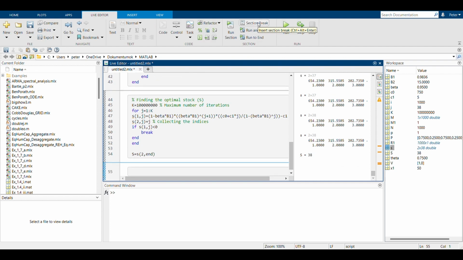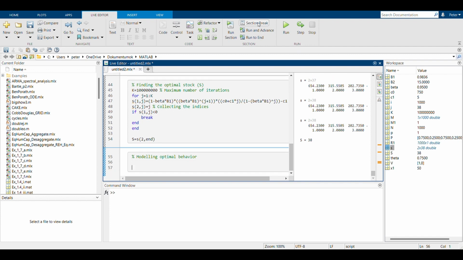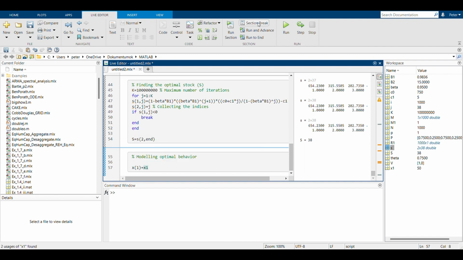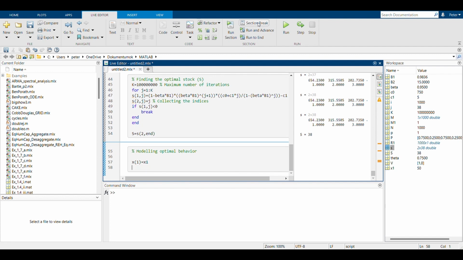Let's take another section break and let's model the optimal behavior, which means that we will generate a series of inventory. Okay, so we create another for loop.